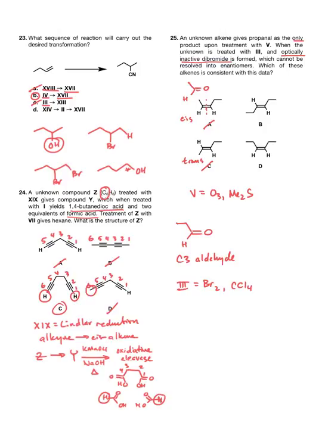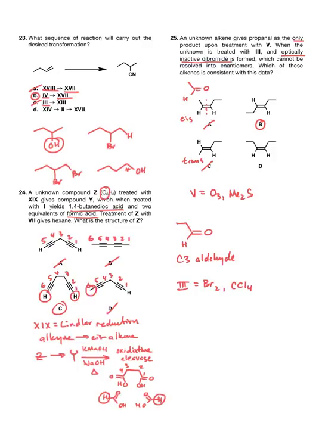So remember that a vicinal dibromide forms in an anti-fashion, and if you're forming in an anti-fashion something that's optically inactive, that means you're forming a meso compound. And when you do that, you'll find that answer B is the one that's going to give you the meso.